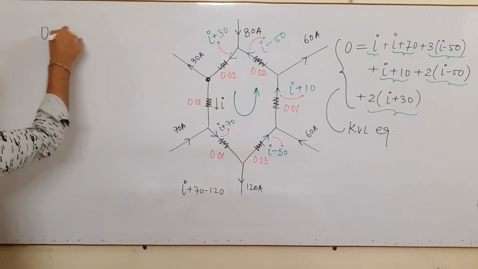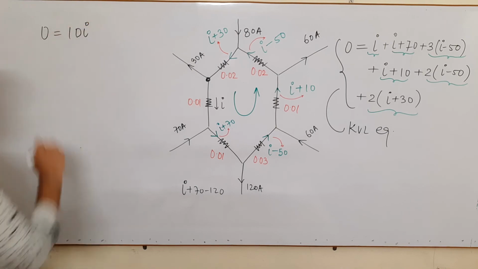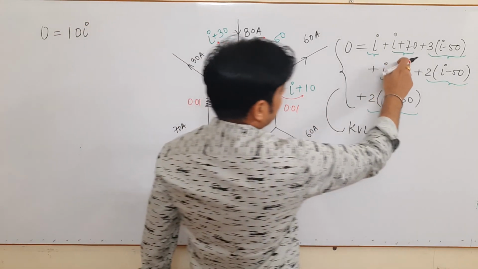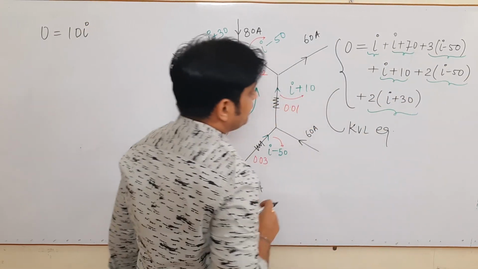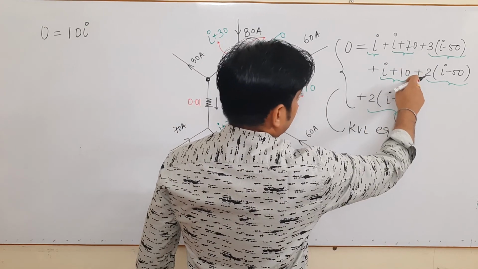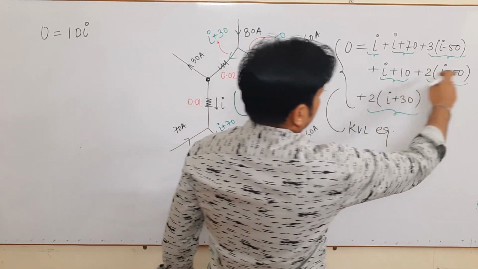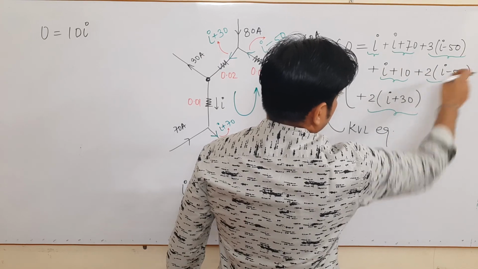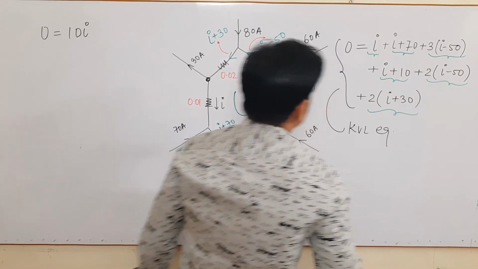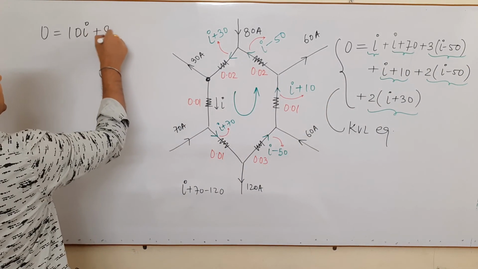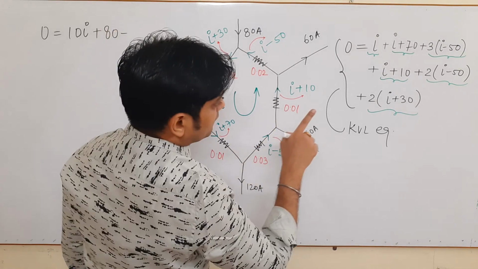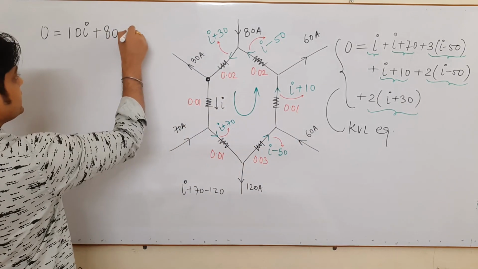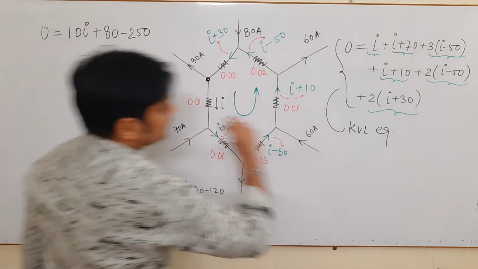So 0 is equal to 10I. Then 70 minus 150, 70 plus 10, 80, minus 150 minus 100. So I write it here as 80 minus 150 minus 100, it is minus 250.